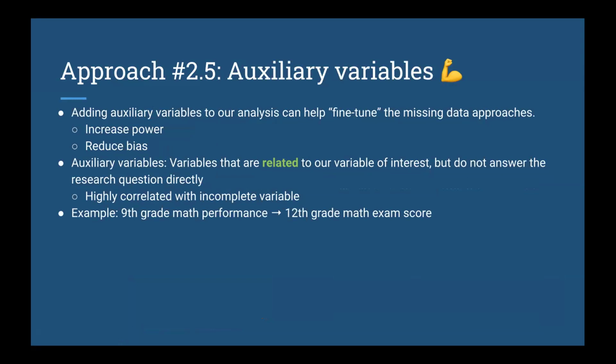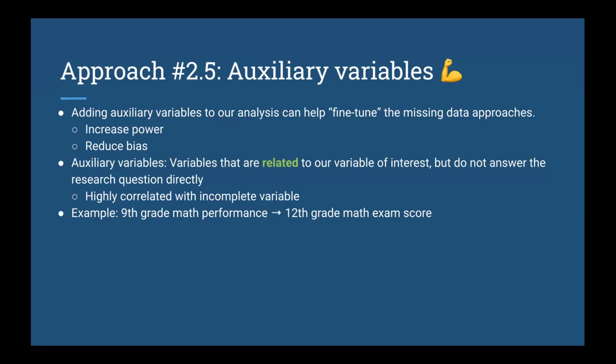Usually these will be highly correlated with the incomplete variable. So if you're looking at 12th grade math exam scores and a lot of them are missing, but you have their math scores from 9th grade, then you might use those to predict or fill in the 12th grade math scores.